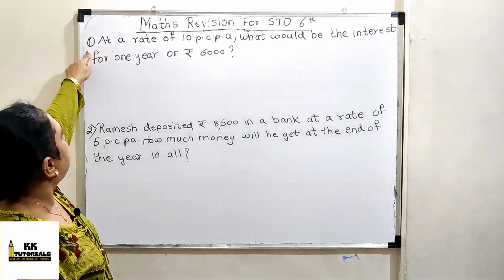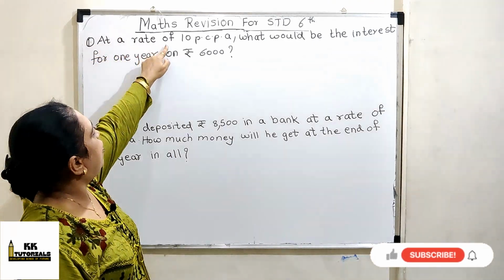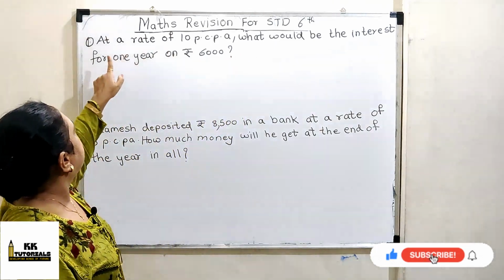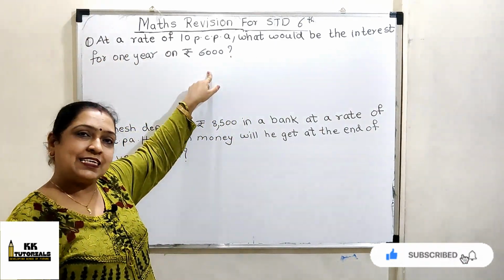Okay. So sum number 1. At a rate of 10% per annum, what would be the interest for 1 year on rupees 6,000?